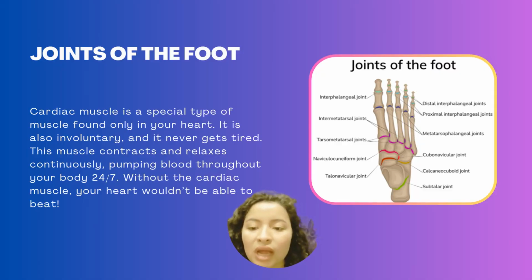Interphalangeal joints are two in each toe and connect the three phalanges with one another, with the exception of the hallux that has only one. They are used when curling the toes.